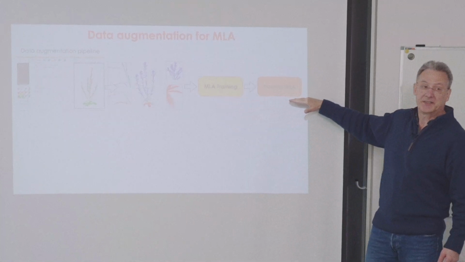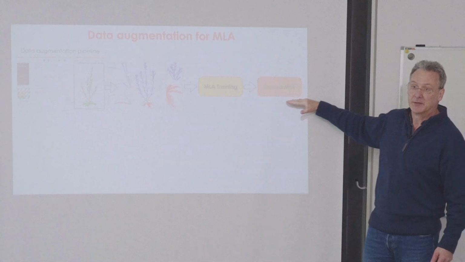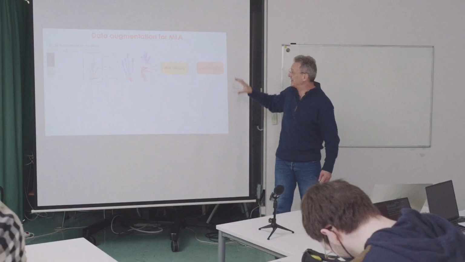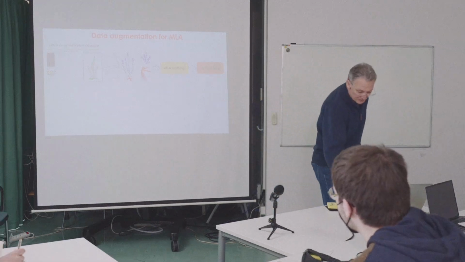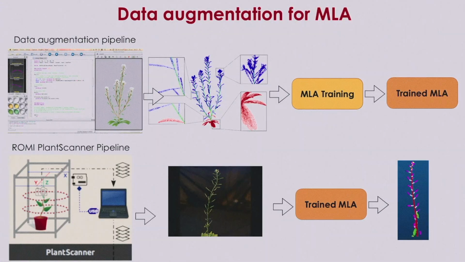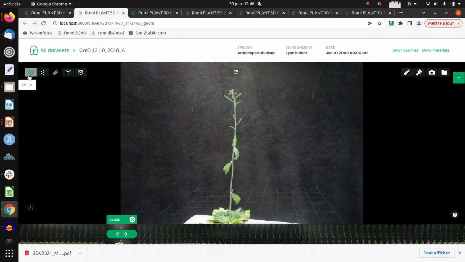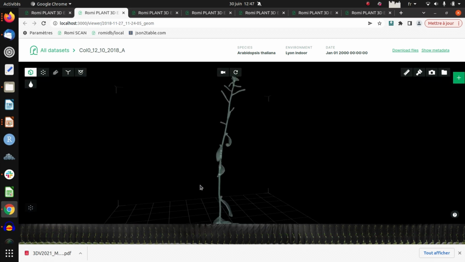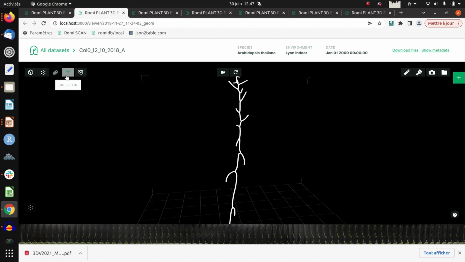And then we would get as an output the trained machine learning system. And once we have this, it is possible to get back to the original pipeline and use this trained machine learning system in order to recognize, identify, and segment the different organs on the plant.